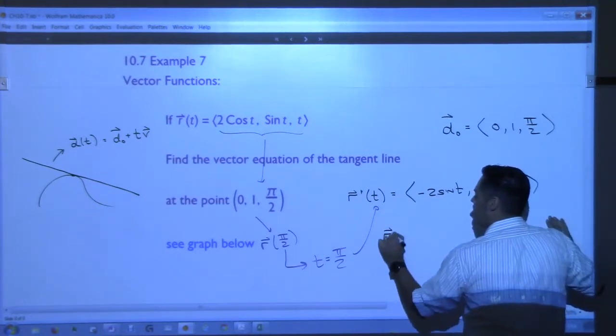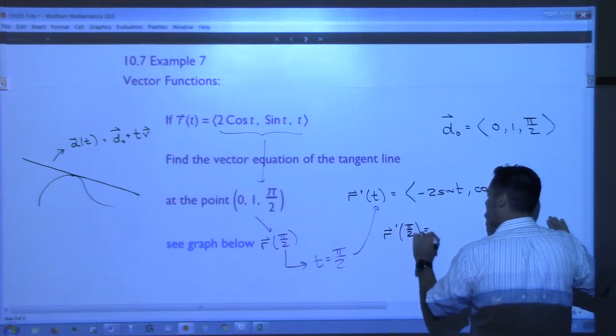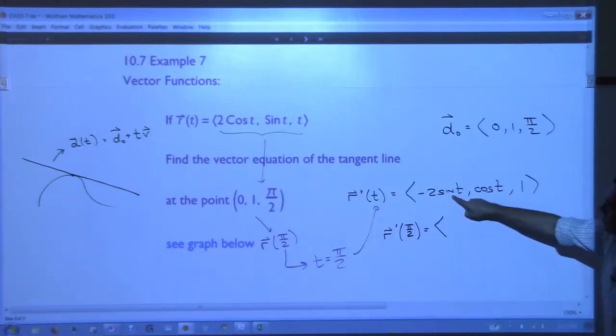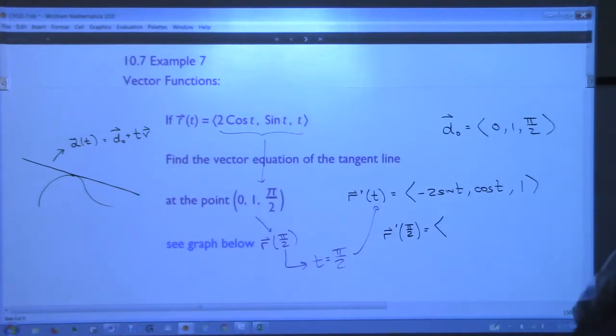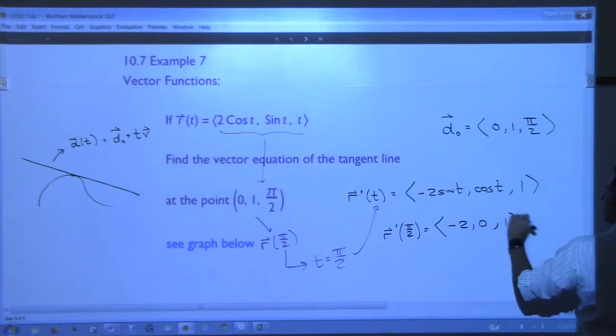So what is r prime of pi over 2? Sine of pi over 2 is 1, so negative 2 there, 0, 1. Are we happy with that?